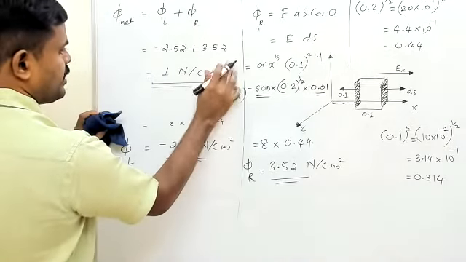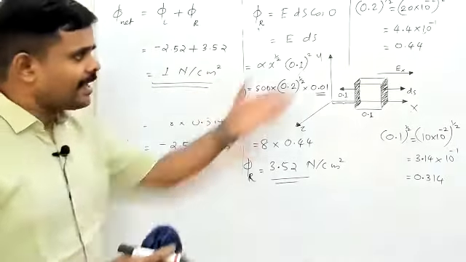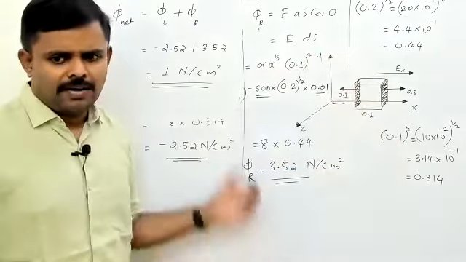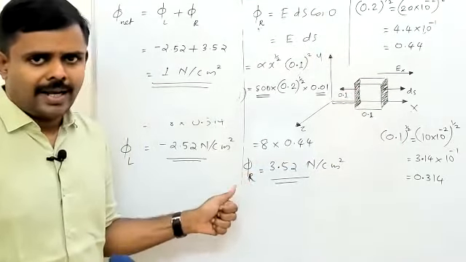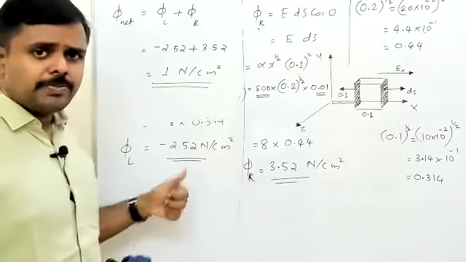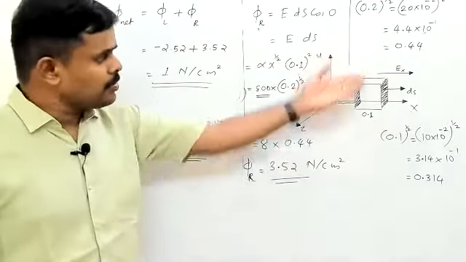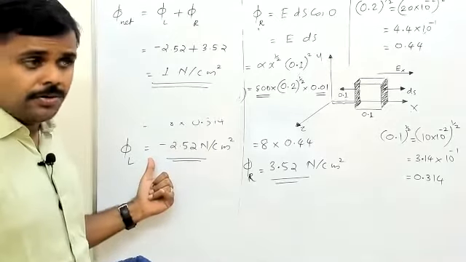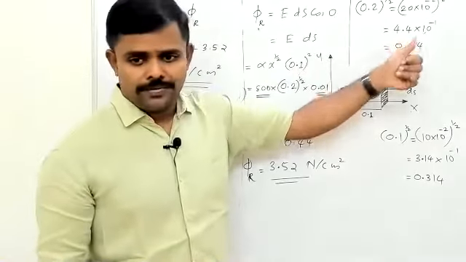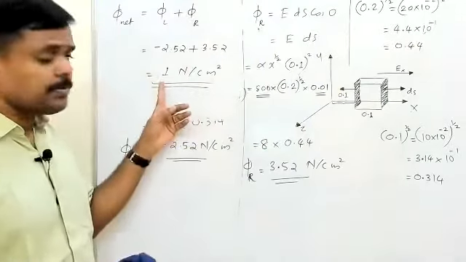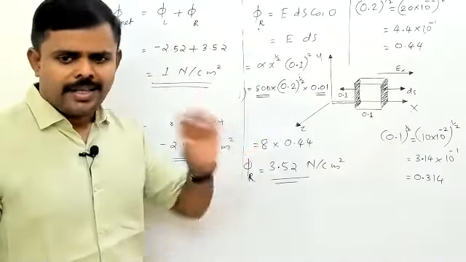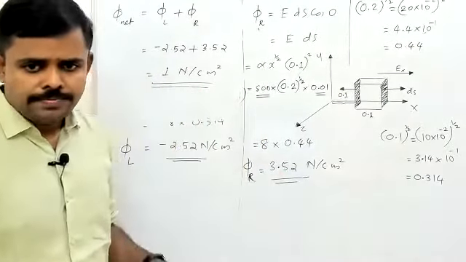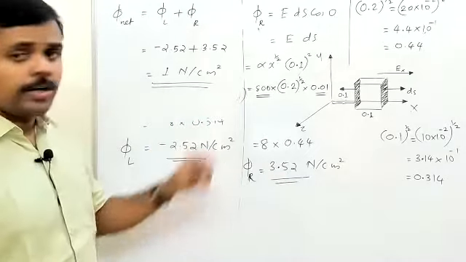In the textbook, they got like 1.05 or something, they have calculated it precisely. Anyway, you're not expected to be that precise. I have approximated a lot here, like I've taken the square root of 10 as 3.14 and the square root of 20 as 4.4. In the textbook, they have got 1.03 or something. Anyway, 3% error is not a problem. It is 1 Newton per coulomb meter square.